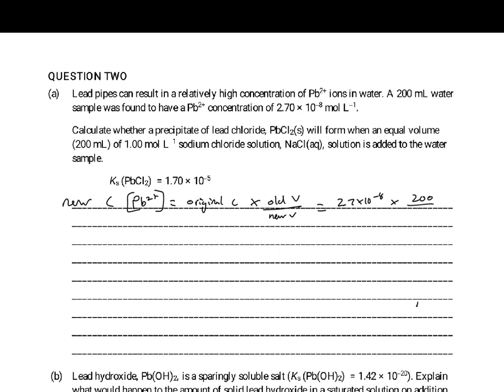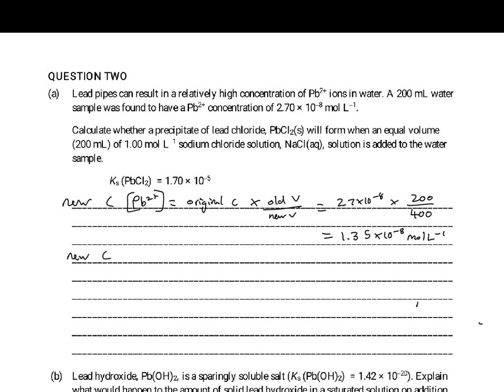The new volume, once you mix the 2 liquids together, is 200 plus 200, which is 400 mL. And chuck that in your calculator and you get a concentration of 1.35 times 10 to the minus 8 moles per litre. Now, some of you may be asking, do I have to put this in litres? And the answer is no. Because it's a ratio, as long as they're both in the same unit, it doesn't actually matter.